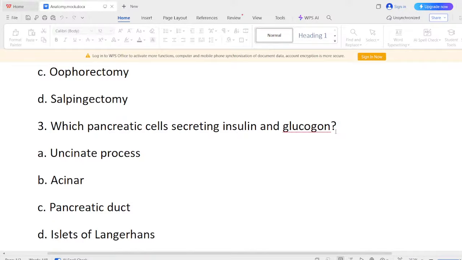Venu, Abida, correct answer, guys. D. Islets of Langerhans are the pancreatic cells that secrete insulin and glucagon. Okay, very good.